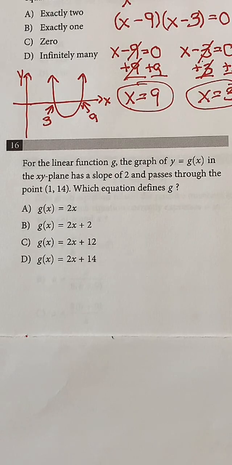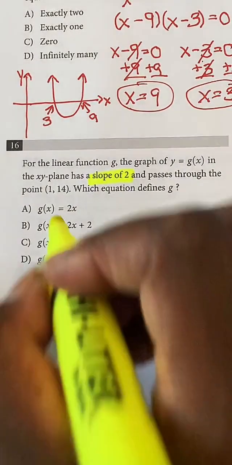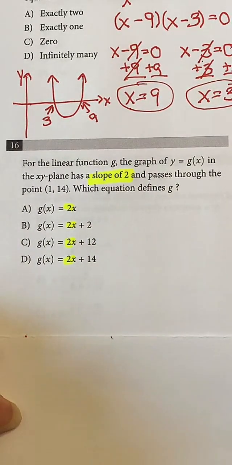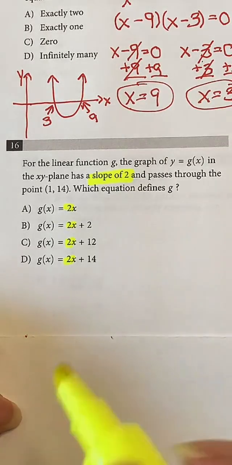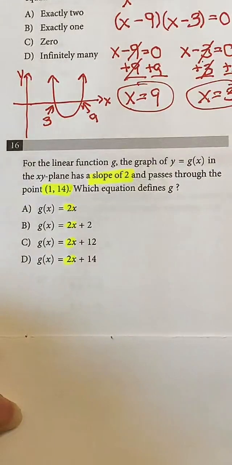All right. So let's take a look. They kind of gave us a few hints. One, they say the slope is 2. As you can see, all my answer choices have a slope of 2, so that doesn't help me. But it passes through the point (1, 14).